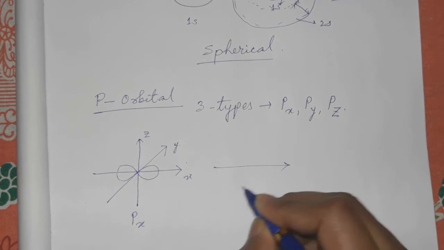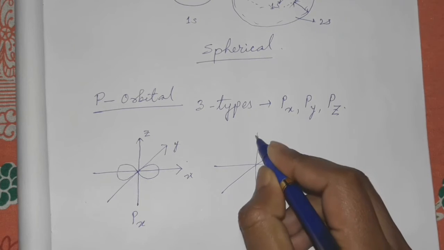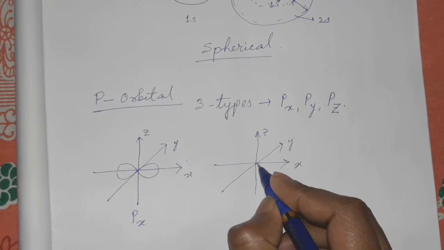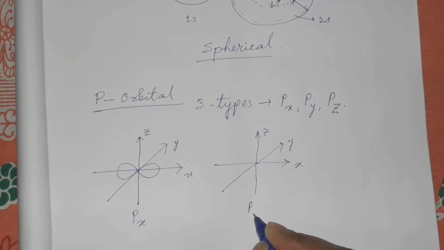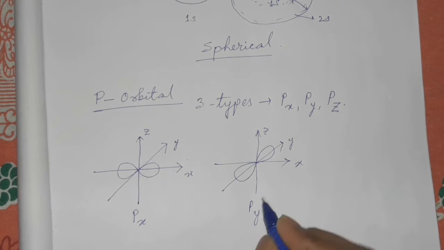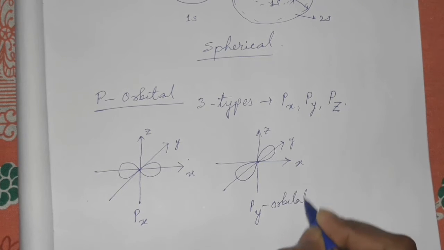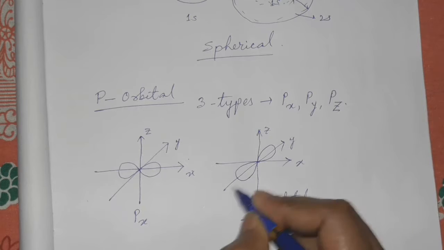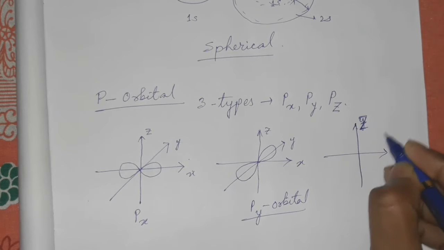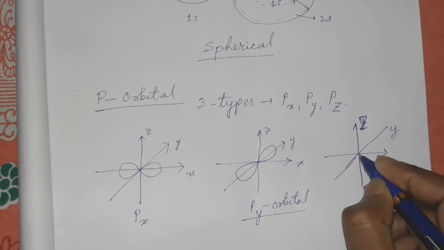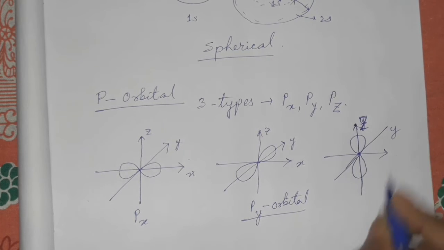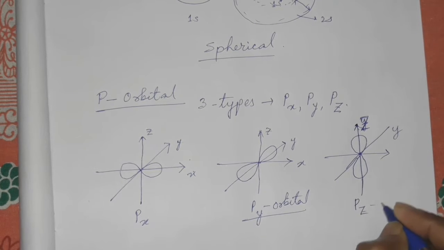In a similar way, if we try to draw the py orbital, it will be along the y-axis. Similarly, if we draw a shape like this along the z-axis, it will be your pz orbital.